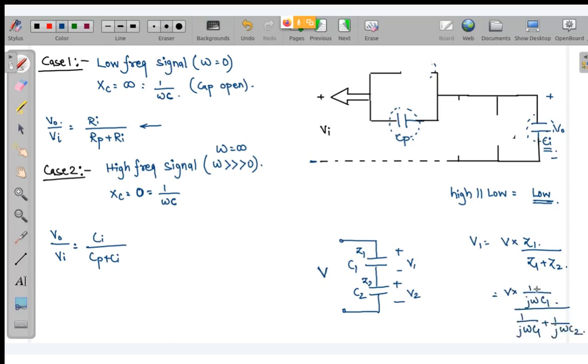Now if you take j omega common, this will come out to be V into 1 by C1 divided by 1 by C1 plus 1 by C2. Multiply numerator and denominator by C1 C2, so this will be V C2 divided by C2 plus C1.